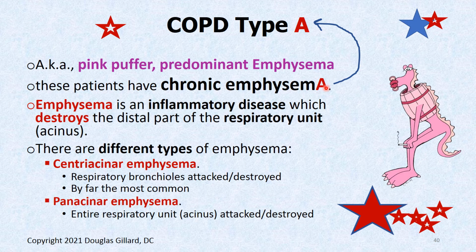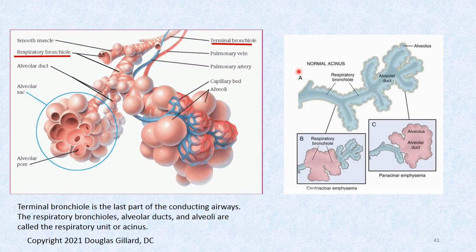Rubens and Robbins only talk about 2 types. By far the most common is one called, and before I go on, I assume you remember the respiratory unit, right? We've talked about it. Here's an easy view of it. You can't see the terminal bronchiole, so here's the terminal bronchiole. That's the end of the conducting airway.